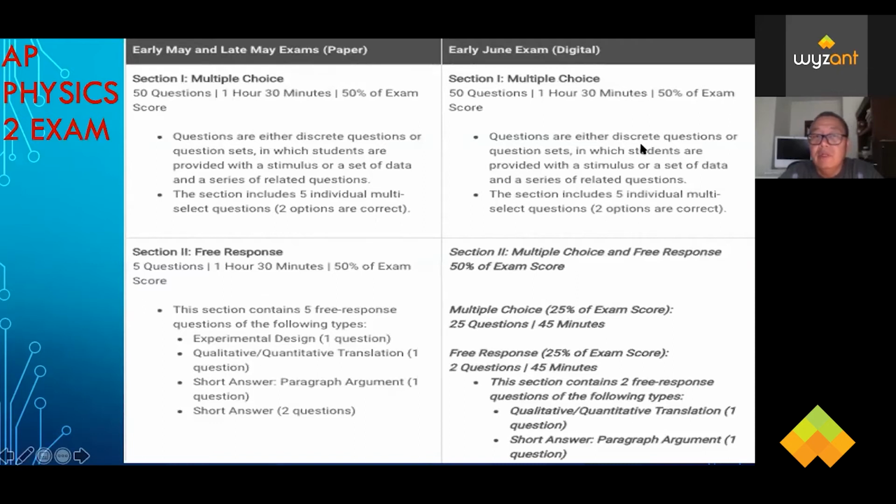Now, let's say the second part, what kind of forms, what kind of problems are in the AP Physics 2 exam. Every year they have three AP Physics 2 exams. The one is on early or late May. This one's a paper form, okay?